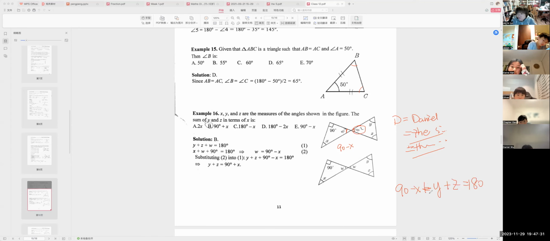So very easy. You can move the X over there. So Y plus Z equals 90 plus X. So that is the relationship.